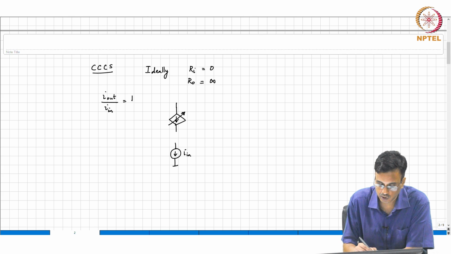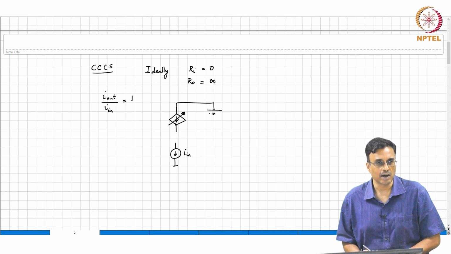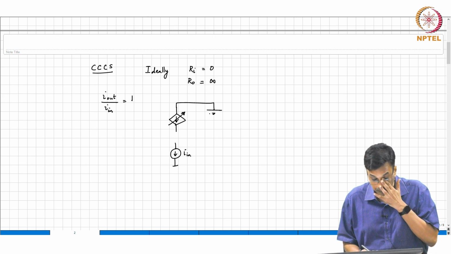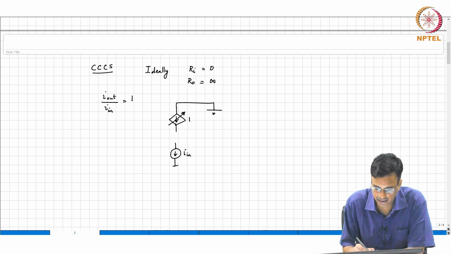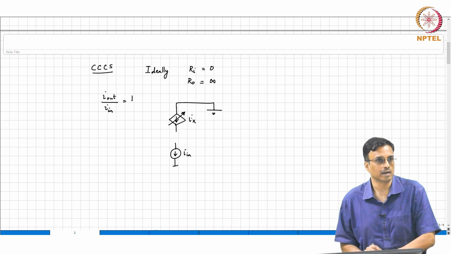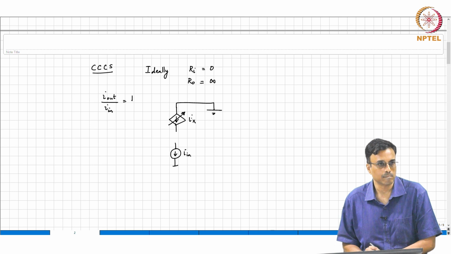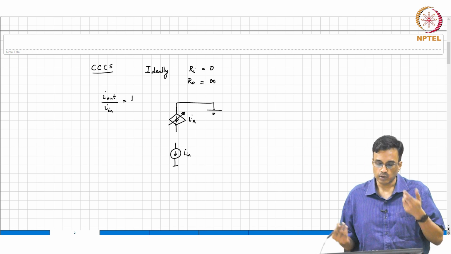Now, what are we going to do? And remember that a current source must never be opened, just like how a voltage source must never be shorted. So, we have this variable current source. How do we make sure that this current Ix is the same as I in? And how do we take the difference?